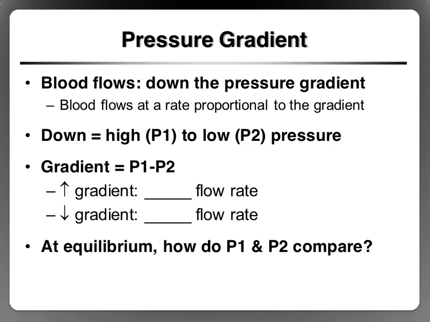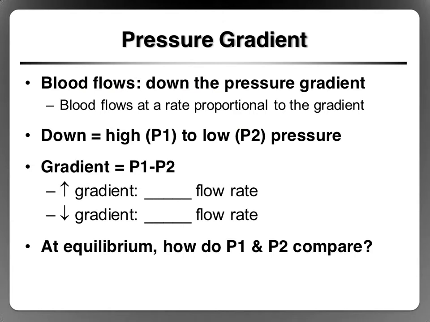All right, some more information here about pressure gradients. As I told you, blood flows in the body because of a pressure gradient. It's always going to flow down the gradient. In other words, it's always going to flow from high pressure to low, down the gradient. Blood also flows at a rate that's proportional to the gradient.